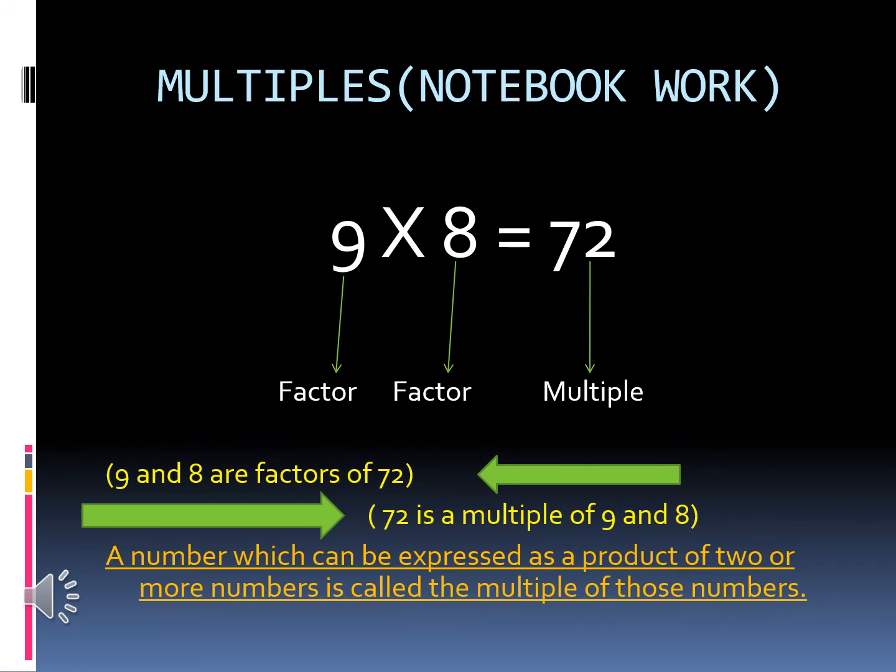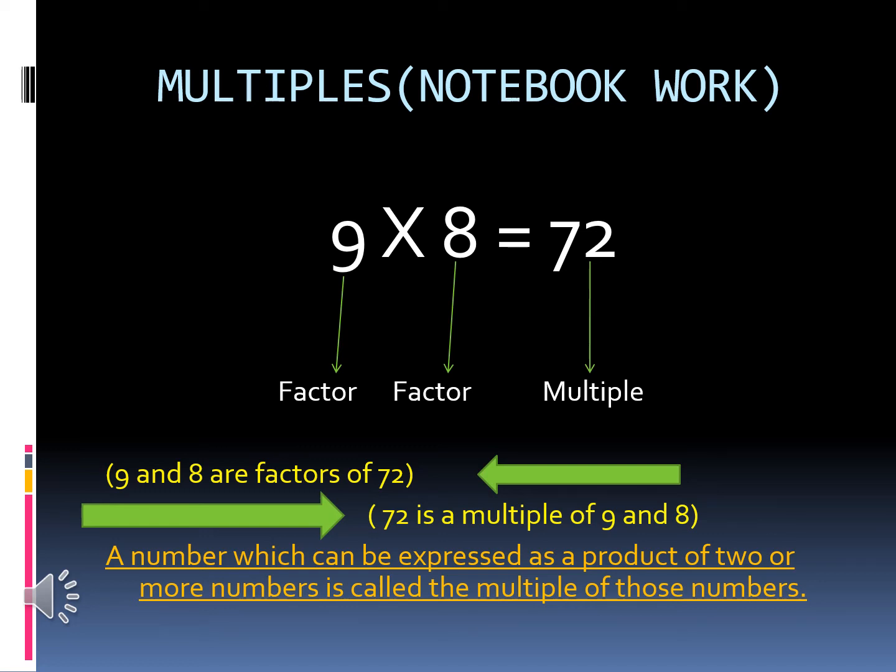Now let's learn how factors play with multiples and how multiples play with factors. Very simple example in front of you. 9 8s are 72. So 9 exactly divides 72. 8 also exactly divides 72. So as you all know, 9 and 8 are factors of 72, right?